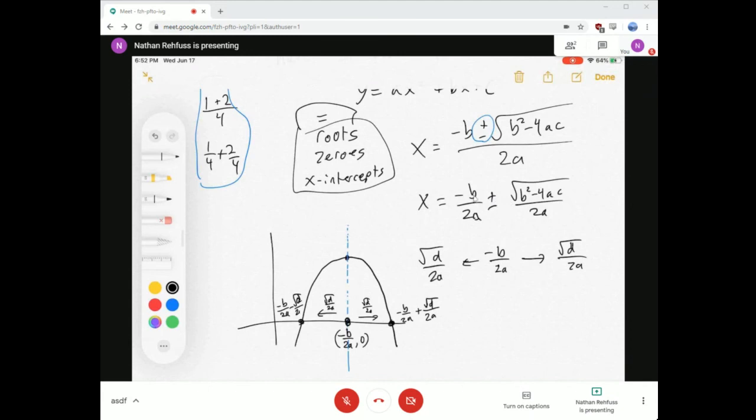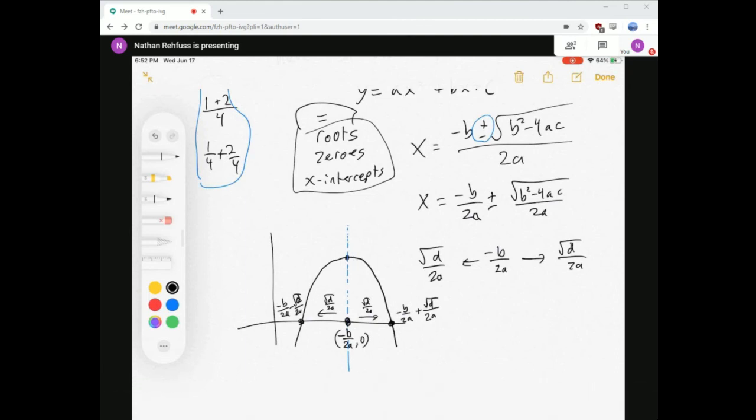This is saying start at the middle, up or down by the same distance. So go 5 units to the right and 5 units to the left from your starting point of negative b over 2a. Okay, but if these points are both the same distance from the middle, and the middle is negative b over 2a, then the vertex has to be at negative b over 2a.